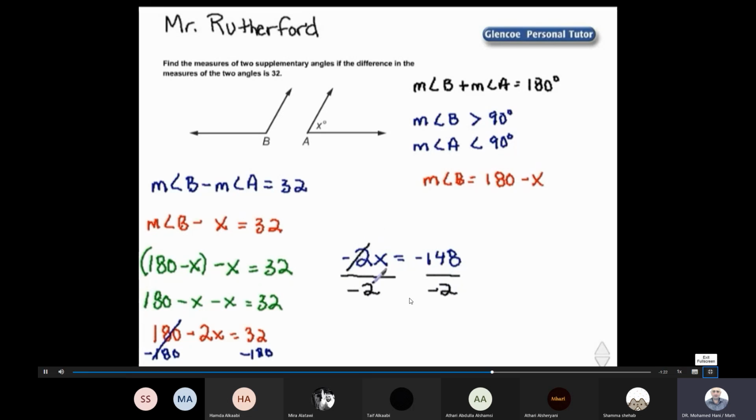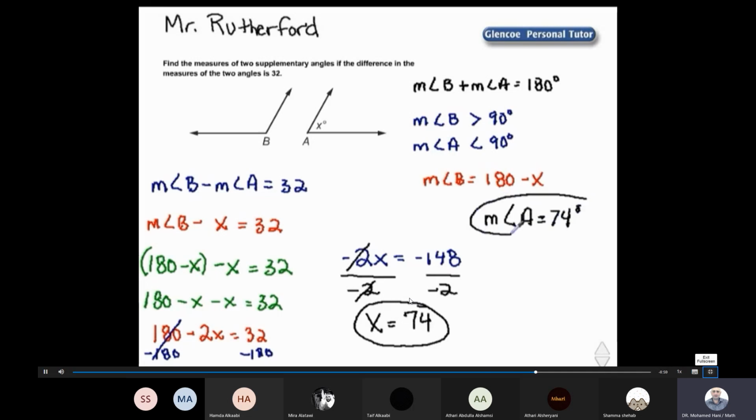So the negative 2's cancel, and so we have x is equal to negative 148 divided by negative 2, which is equal to positive 74. So x is equal to 74, so this means that the measure of angle A is equal to 74 degrees.